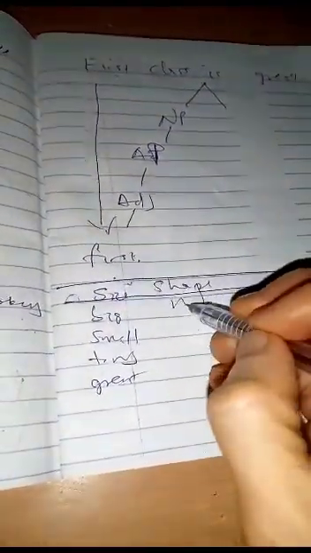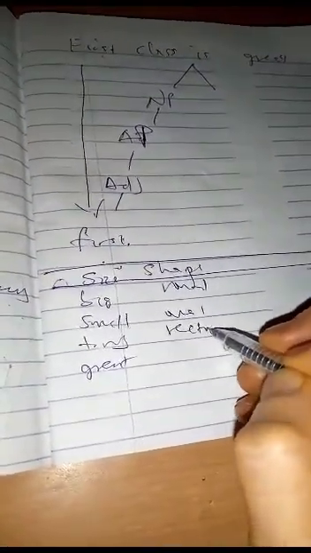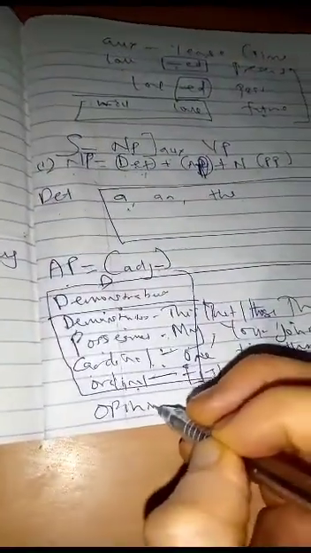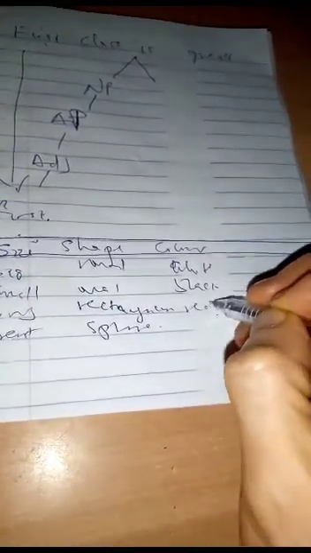We have adjectives of shape, like round, like oval, like rectangular, like sphere, etc. Of course you do have opinion adjectives as well, like beautiful, like handsome, like clean. These are opinion adjectives. These are size adjectives, shape adjectives, color adjectives, like white, black, red, etc.